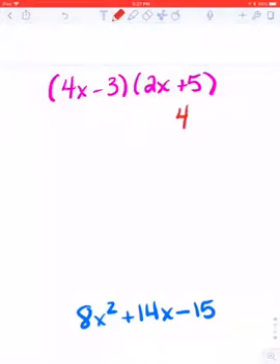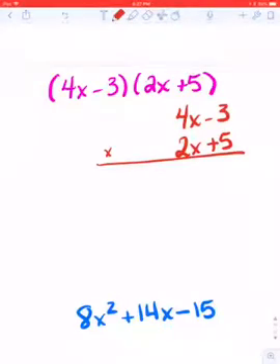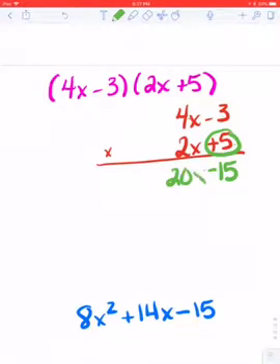So in the shortcut method, I set it up like a traditional multiplying problem. And when I start to multiply, I'm going to start with this. So positive 5 times negative 3 is negative 15. Positive 5 times 4x is going to be 20x. Now, to go over to this piece, I'm going to have to add a 0 so we can start with this stuff lined up.